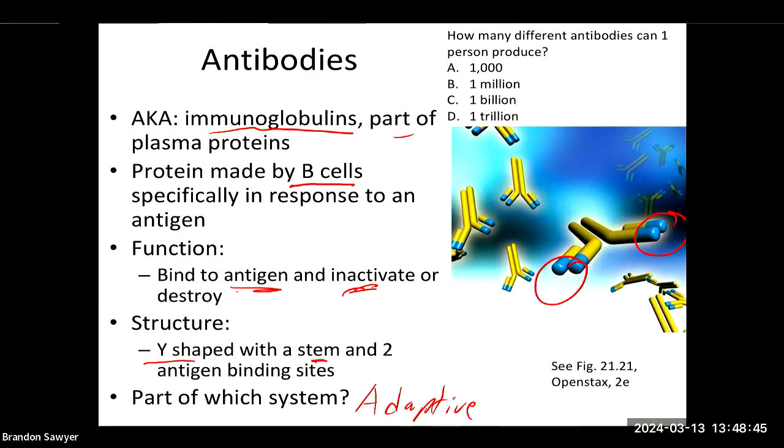All right, so 70% of you are saying C, which is not the right answer. D is the right answer, but you're just guessing, so no big deal. But think about that with me. We're talking about 1 trillion different things that have entered our body by the time we're adults, right? 1 trillion different unique things.